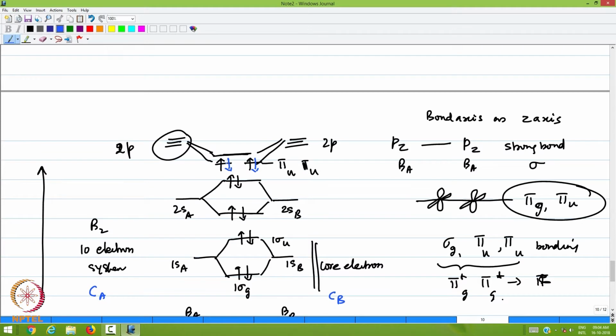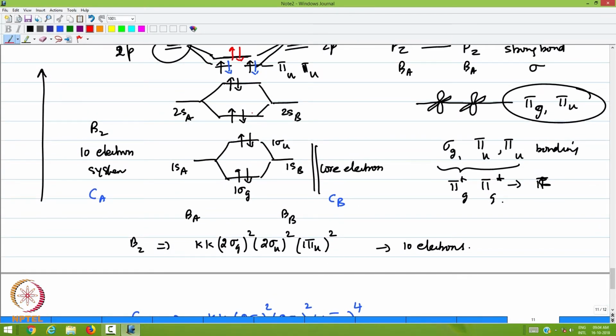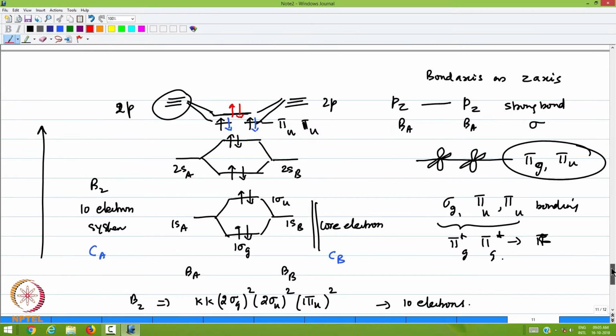Nitrogen, yes, immediately you can see that there are 2 more electrons for nitrogen compared to the carbon C2 dimer. Therefore, the 2 electrons occupy the sigma g orbital from the 2p, and the designation for this is, since we have already used 1 sigma g here and we have used the 2 sigma g here, this is 2 sigma g, 2 sigma u, and then this one is 3 sigma g.